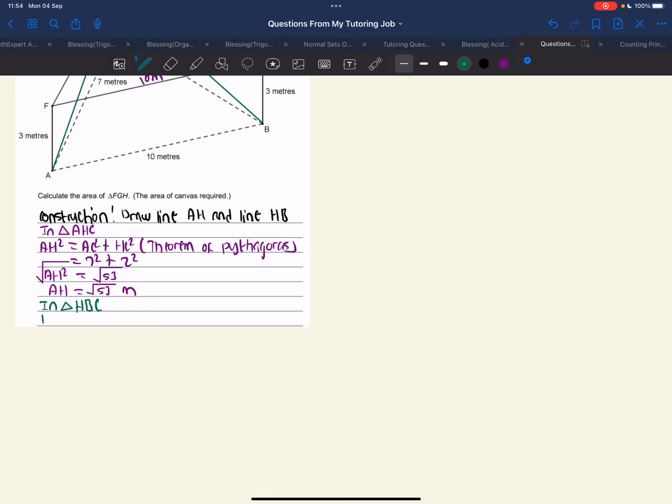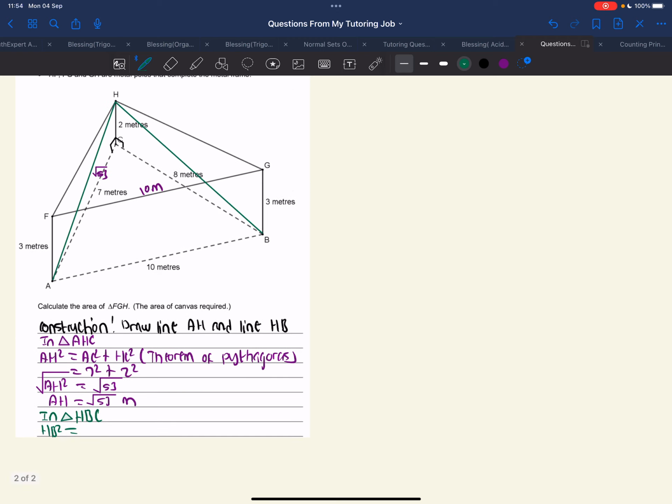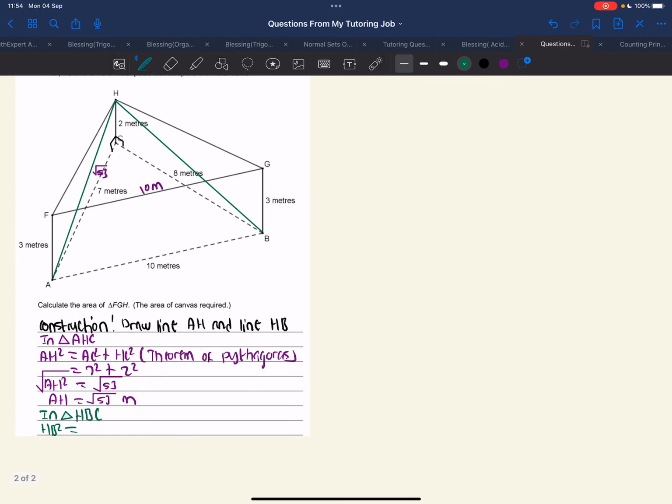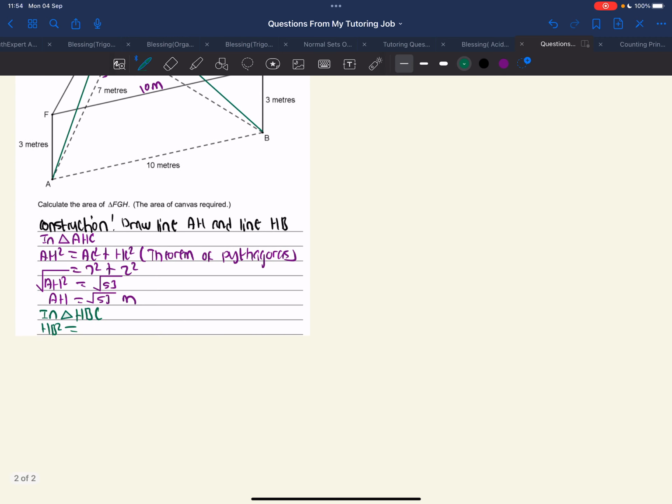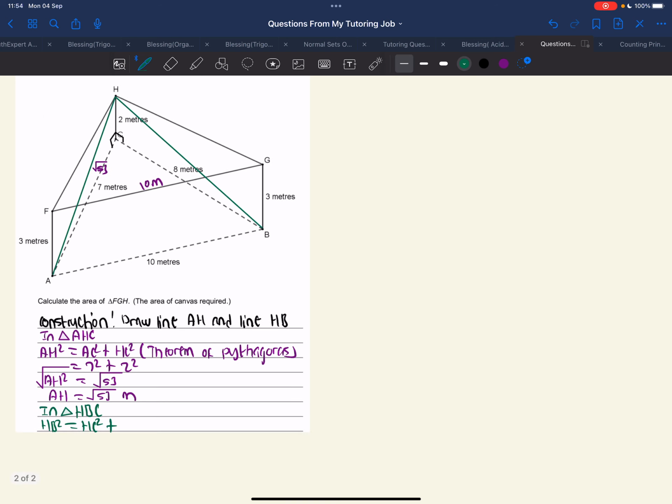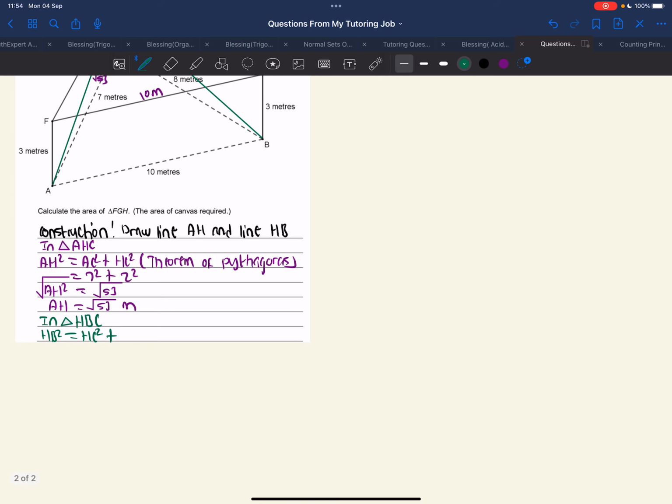I'm going to say HB squared equals HC squared plus BC squared. Then it's also the theorem of Pythagoras.